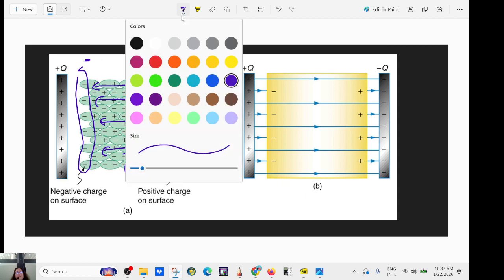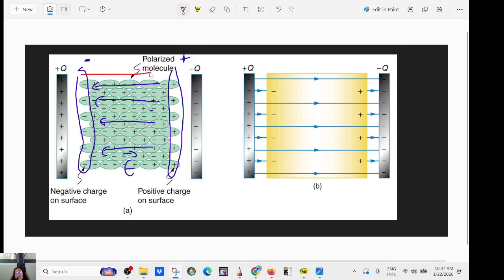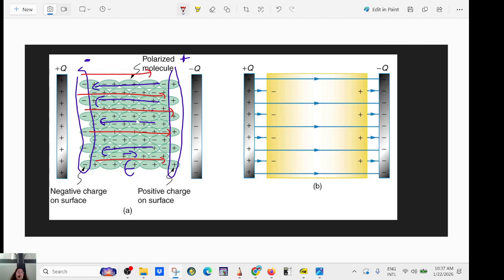And then you have the external electric field going that way. So it's not that they cancel each other, but you see they are opposite to each other, so it will get weaker. Okay, so inside, the electric field will get weaker, because an insulator can be polarized.